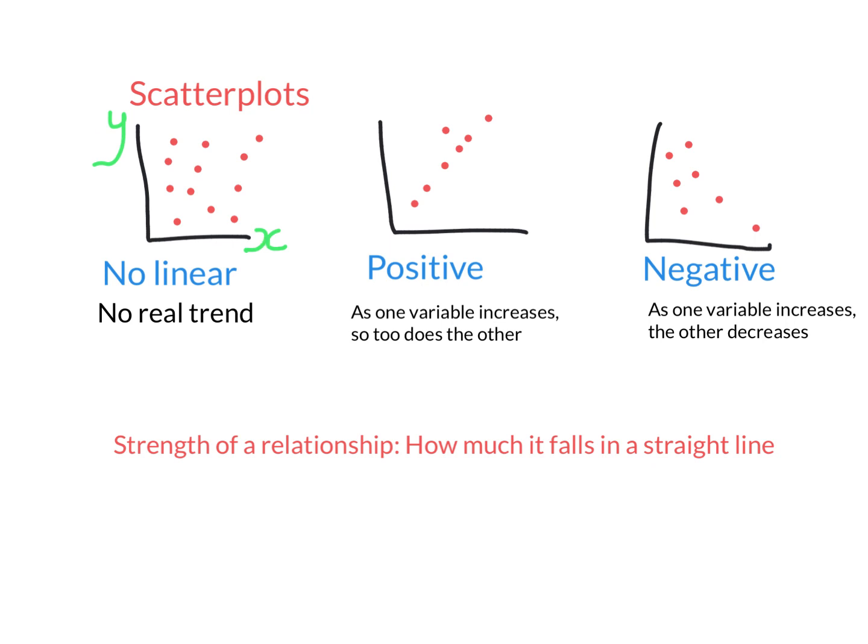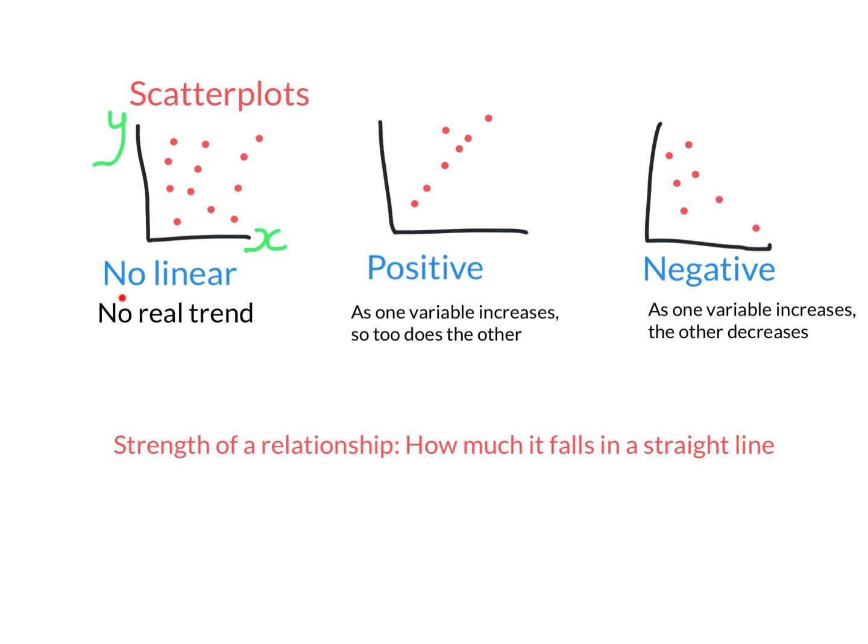It just needs to be 2 numerical variables, and they vary from person to person. So if you're looking at shoe size and IQ, each person has a different shoe size, so that's one variable, and they have a different IQ. So that is another variable. So scatter plots display bivariate data, and we're really looking at the relationship between the 2 variables.